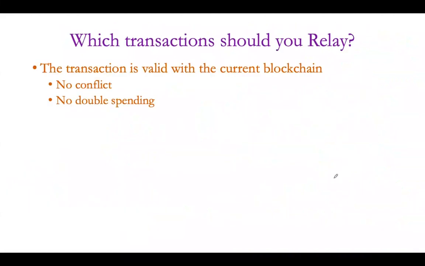So which transaction should you relay in this case? The transaction should be valid with the current blockchain. There should not be any conflict, or any double spending in that. So without conflict and without double spending, if any new transaction is there in the current blockchain, that will be relayed.